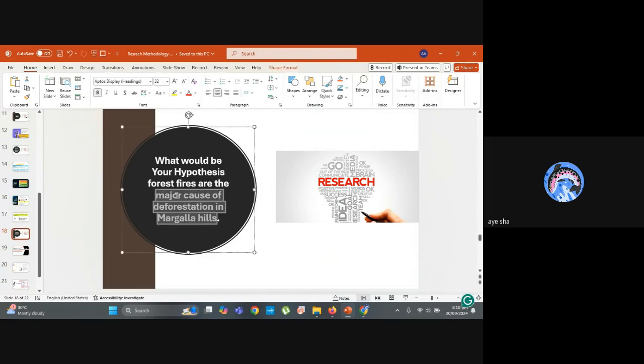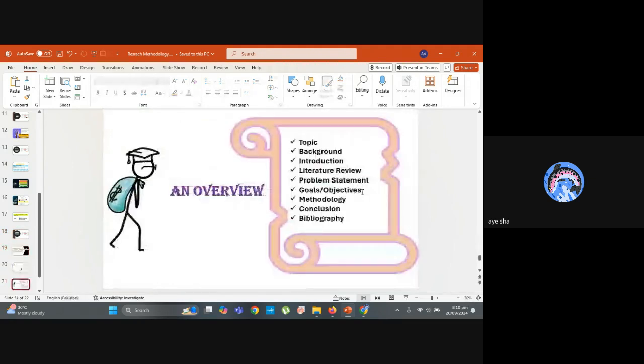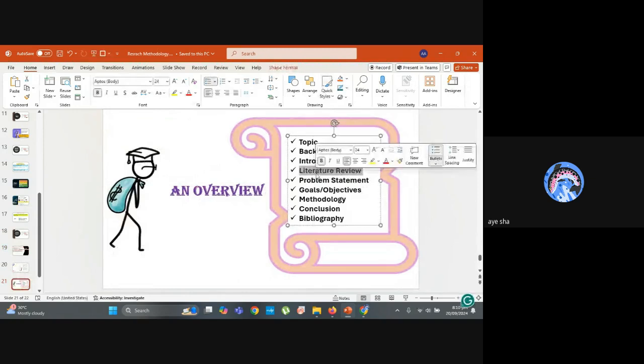That means we have set the focus, the objective of our research, onto the causes of deforestation in that particular area, right? So the objectives of our research would be discussing the causes of deforestation, and based on your methodology, which you will decide by reading the literature review, you will devise these goals and objectives.